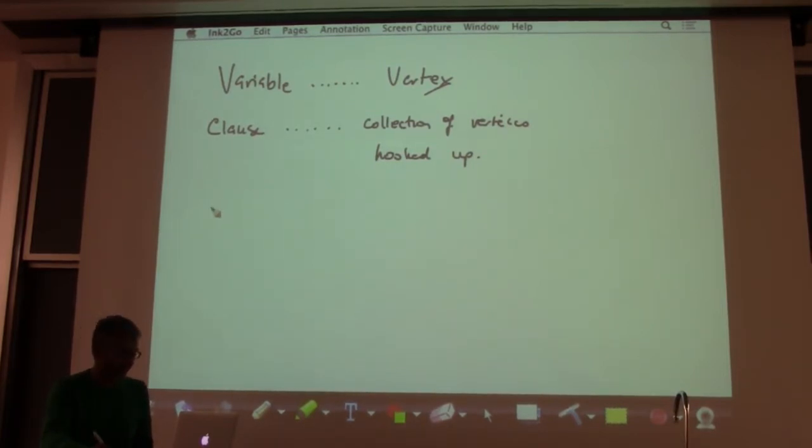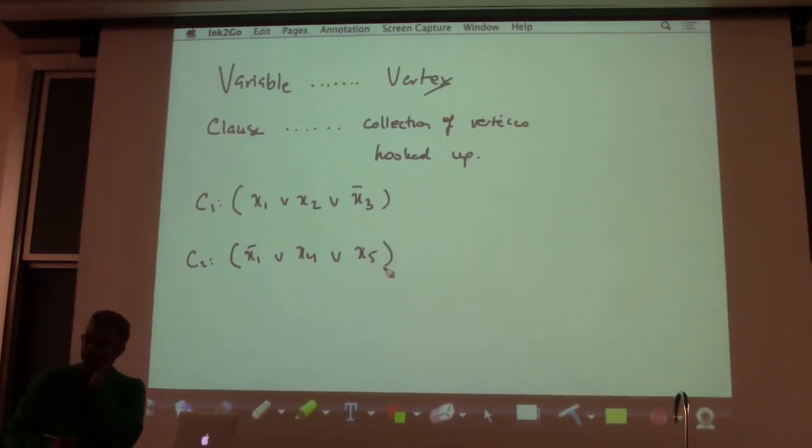So in other words, if I have clause C1, which has literals x1 or x2 or x3, let's just think of them as variables. So let's put the clause here. And I have clause 2, let's say, which has x1 bar or x4 or x5.